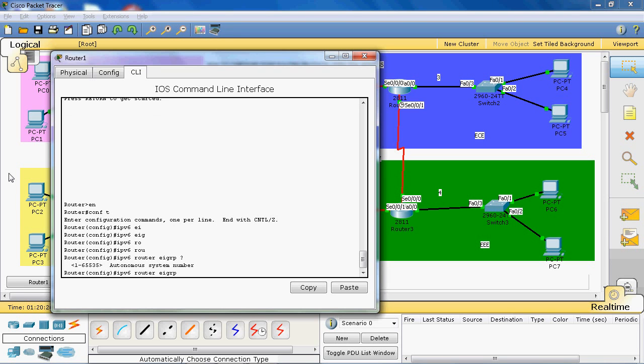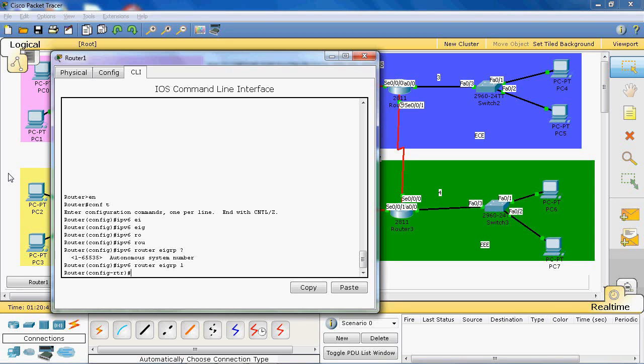In the CSE department we gave the autonomous system number as 1, so the same number must be given in the IT department, otherwise it cannot form a neighbor relationship. So I will give 1, enter.